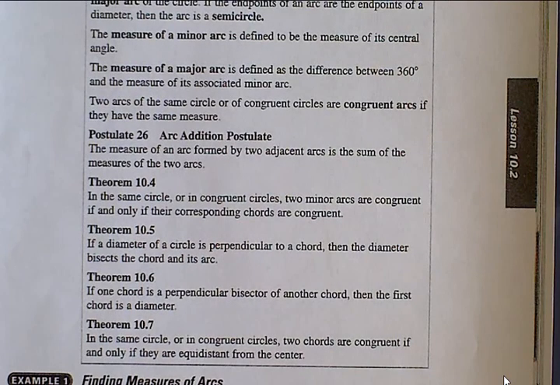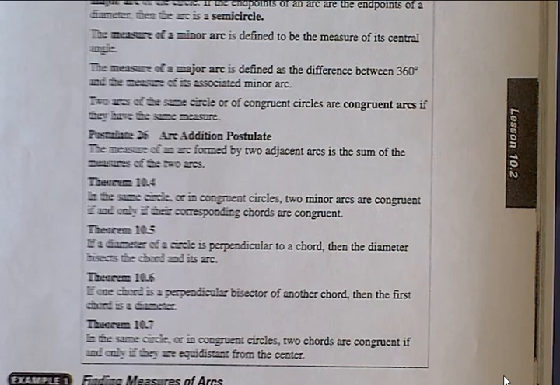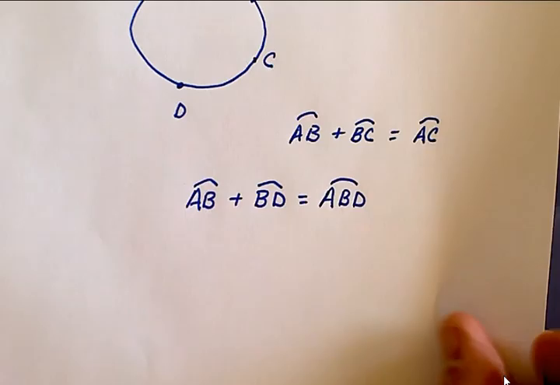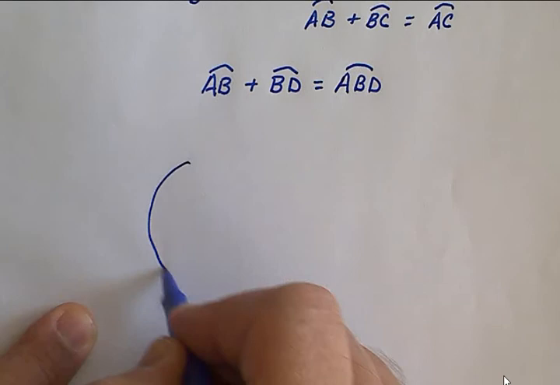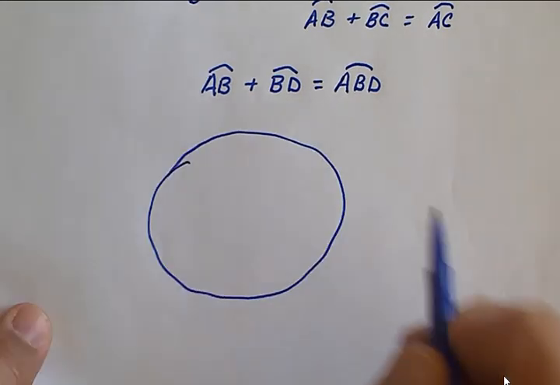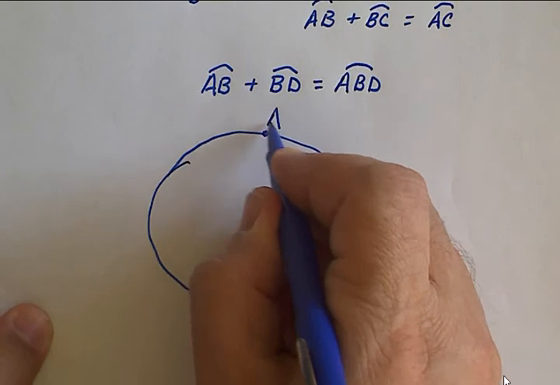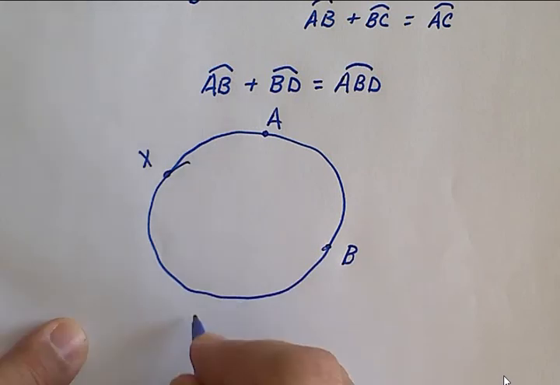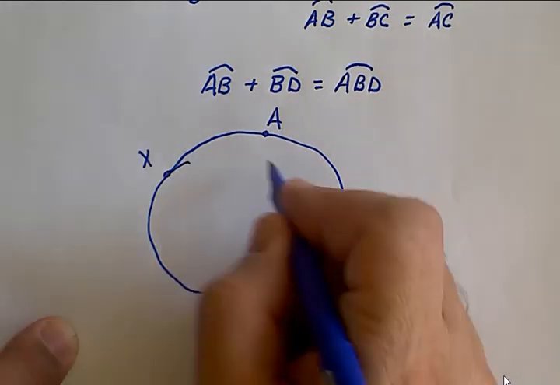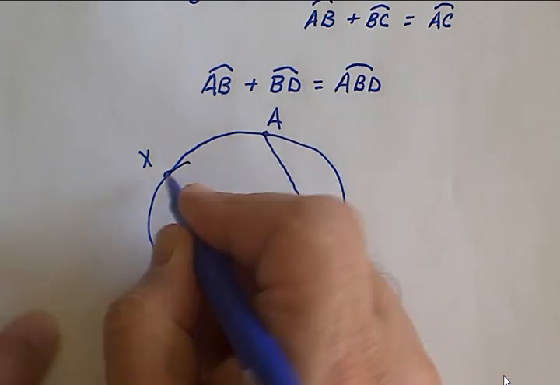But Theorem 10.4: in the same circle or in congruent circles, 2 minor arcs are congruent if their corresponding chords are congruent. Chords, remember, have to intersect the circle twice. So over here is AB. Over here is XY. And here is a chord, here is a chord.